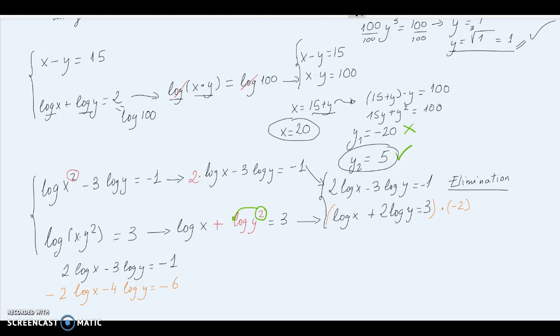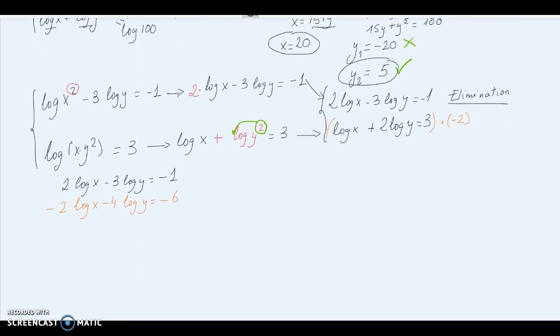Okay, this way I can cancel the log of x. Now we'll get minus 7 log of y equals minus 7. Okay, I'm going to divide both sides by minus 7. So I will get log of y equals 1.